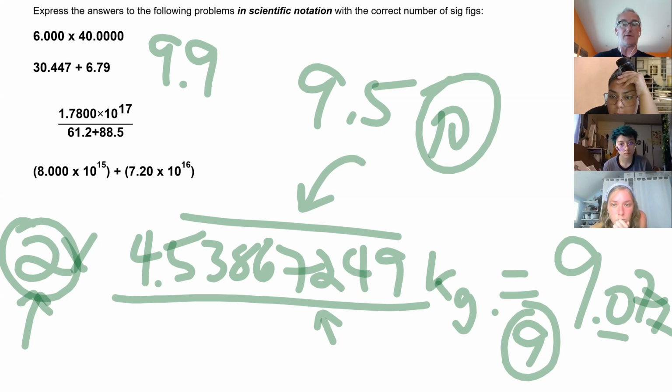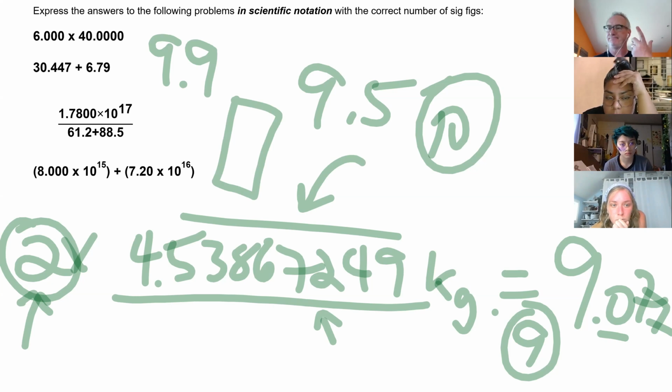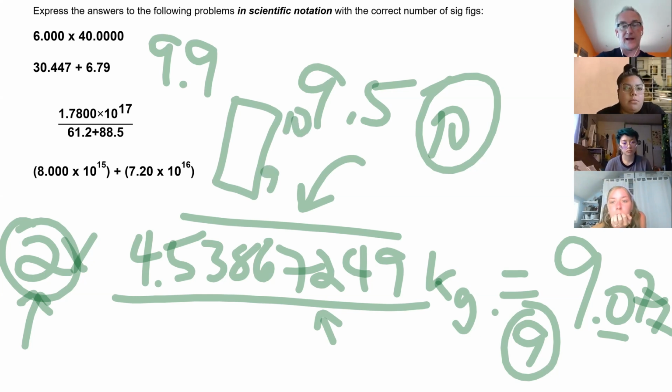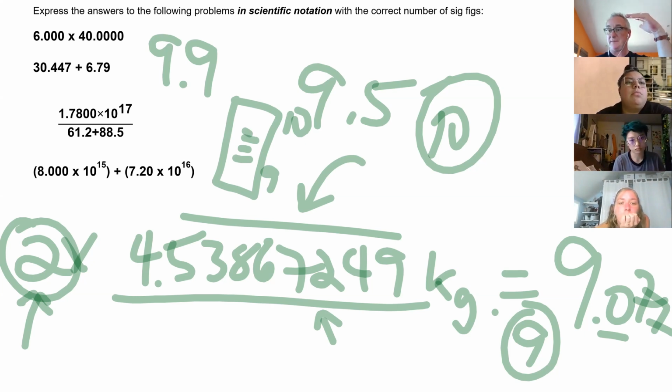So if I had a graduated cylinder, I can read 9, 10, and then there's little marks to show each decimal in between. So I could say, okay, it's 9.9, and then I would estimate that last number.